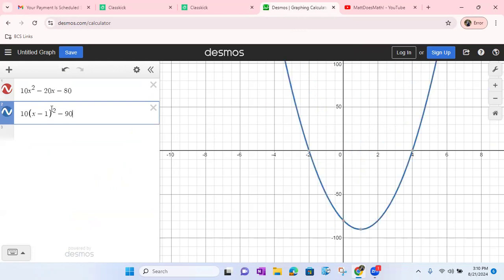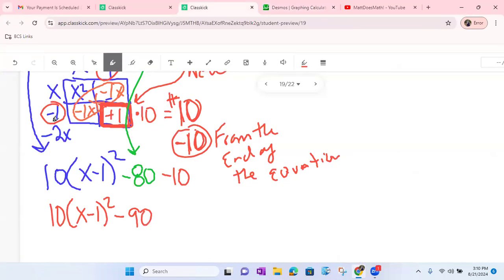And what you can see is it does overlap it. And then, of course, we can use our transformations that you've learned before. It's 10 times, we've moved to the right one, which is minus 1, and then down 90, which is minus 90. All right, y'all, I hope that helps you out with understanding how to complete the square when we have a leading coefficient that is not 1.